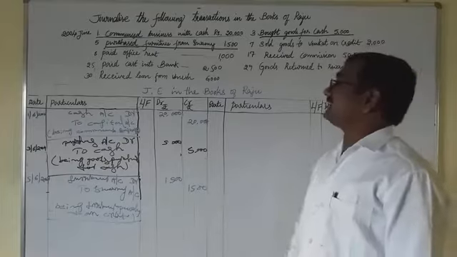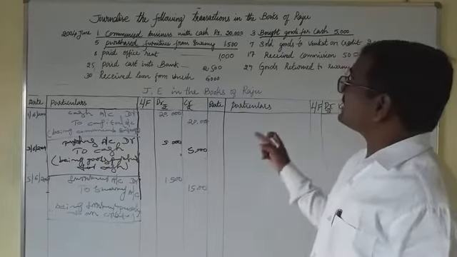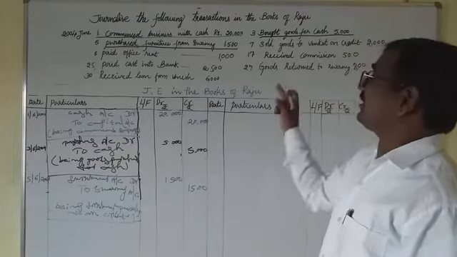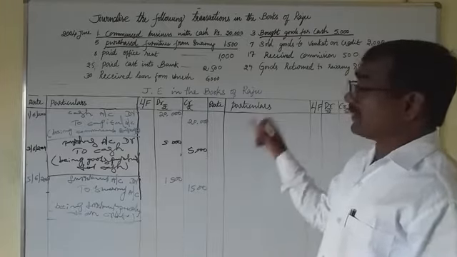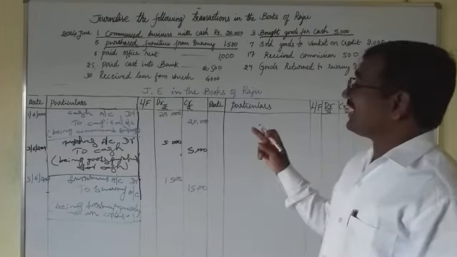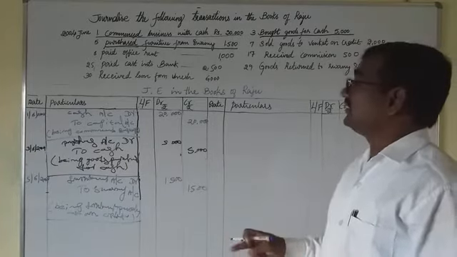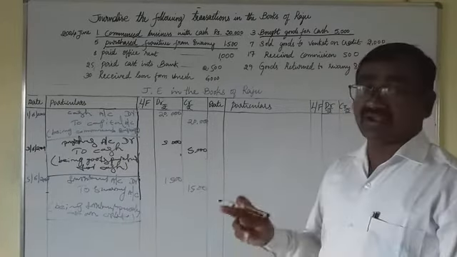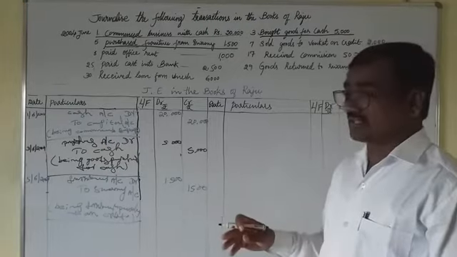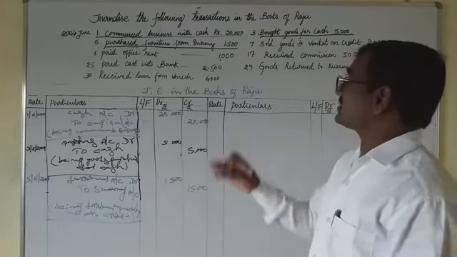So see the entry once again. Purchased furniture from Swami 1500. Purchased furniture is an expense, and they are giving the name of the asset. Furniture account debtor according to nominal account rules: debit all expenses and losses.